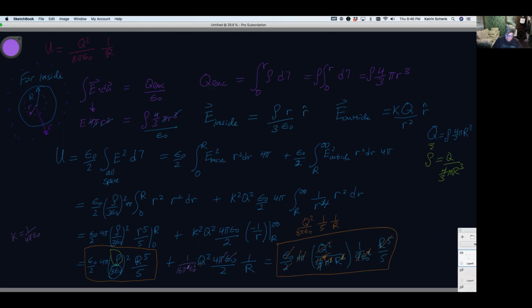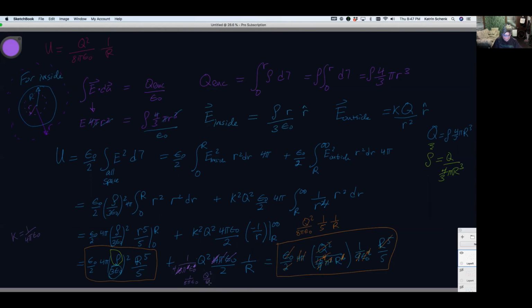This epsilon naught gets rid of one of these epsilon naughts. This 4 gets rid of one factor of 4 and leaves us with a 4 here. And so we get 4 times 2 is 8. On this side over here, we get 1 over 8 pi epsilon naught, Q squared over r.